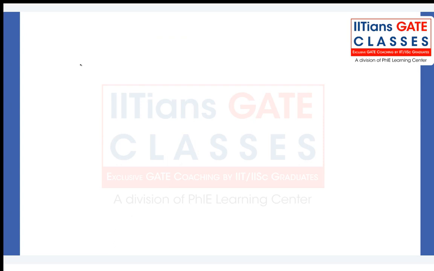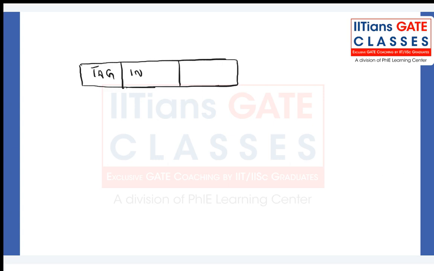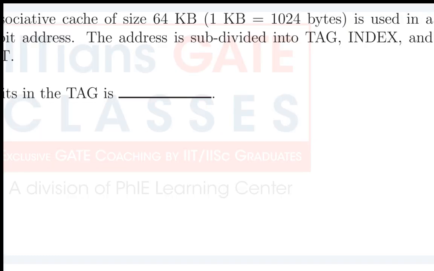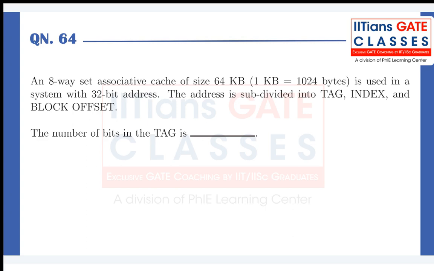You have a 32-bit address, divided into 3 fields: tag, index, and block offset. The entire thing is 32 bits because it's given that the system has a 32-bit address.